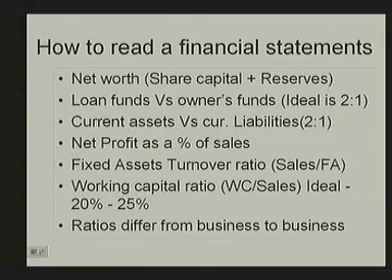For example, suppose this ratio is 4:1, current assets to current liabilities. That means the company is too conservative in its approach. For every 1 rupee of liability, or every $1 of liability, the company is engaging $4 or 4 rupees.